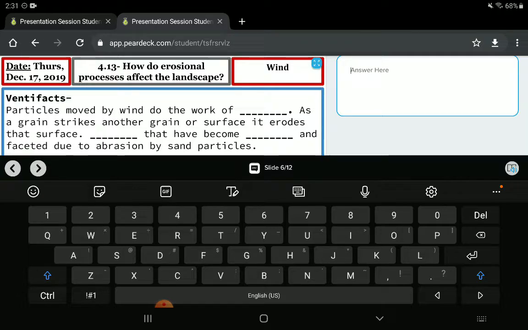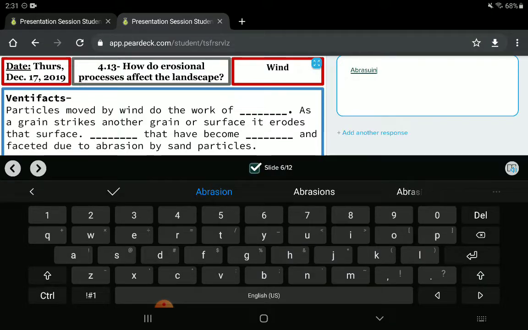So another feature left behind are called ventifacts. They're shaped by the wind through abrasion. And I apologize, we made this slide wrong. So remember, as a grain strikes another grain, it erodes the surface.